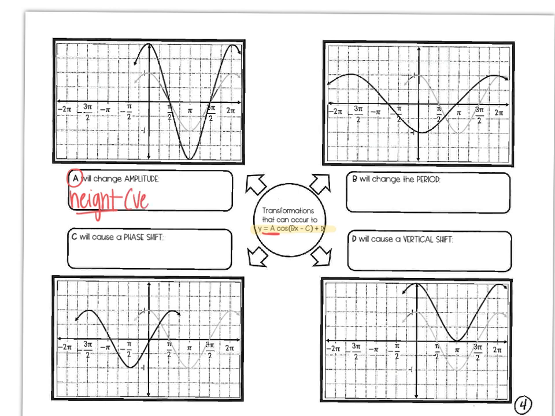So this is a vertical stretch or shrink. It'll make it taller or smaller. If gray is our parent function, this would be an example of a stretch or a shrink. Okay, in this case, it's stretching. The amplitude has gotten taller than when it was just going through 1.